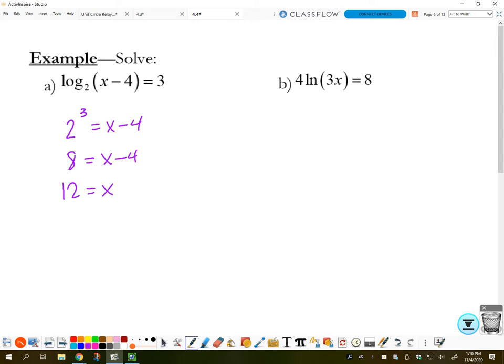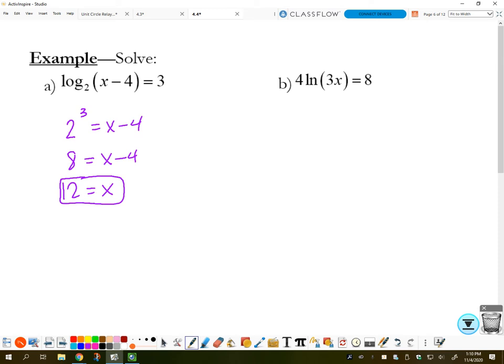Because remember, we learned in lesson 4.2 that for logarithms you have to have an argument that is positive. So this cannot be a negative number or a 0. Okay, so if we plug a 12 in for x, 12 minus 4 is a positive number. So we know that 12 is a good answer.